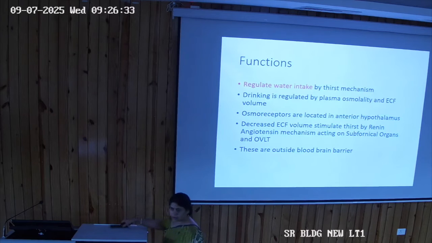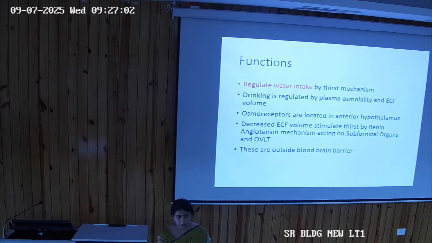Supraoptic nucleus. Whenever there is a change in the osmolarity, it affects the lateral nucleus or the supraoptic nucleus. So accordingly, if there is an increase or decrease in osmolarity, there will be a mechanism responsible for either increasing or decreasing the thirst, for loss of water or conservation of water.